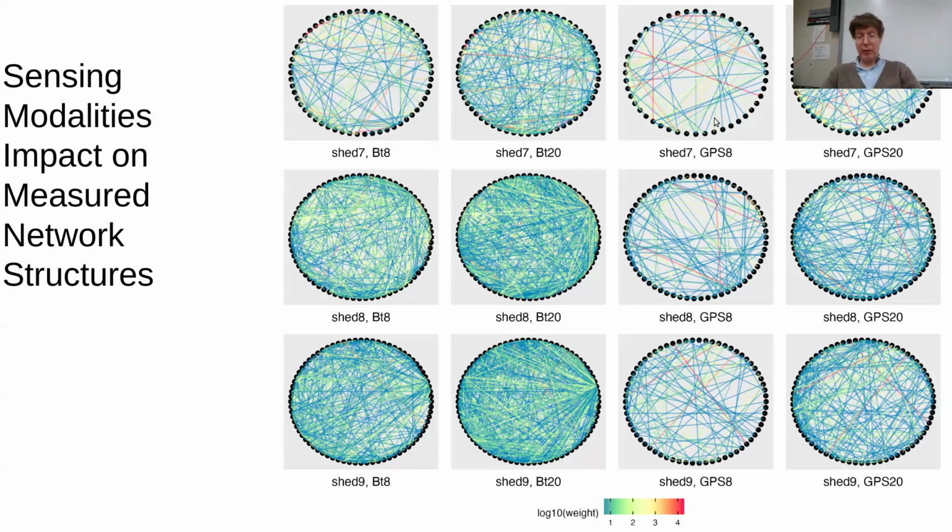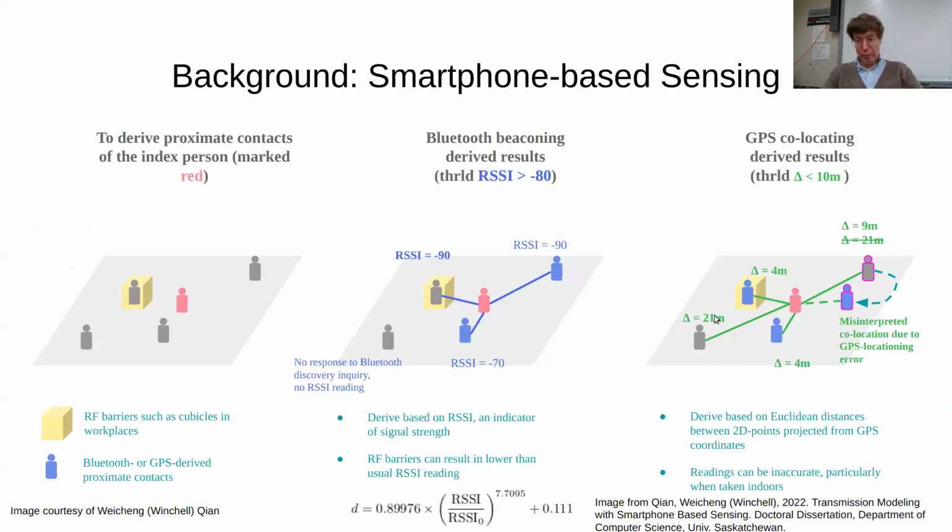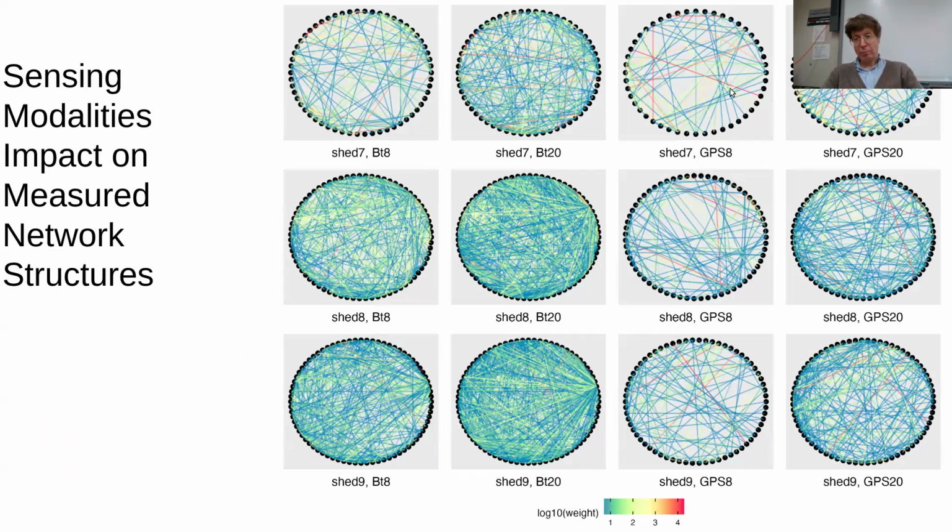Same thing with GPS, right? If we insist that people lie within a certain distance of each other, and by extension that the criteria for being proximate is more demanding, we'll have fewer imputed connections than if we have a relaxed one. Each row here represents a different study. So this is the SHED 7 study, the SHED 8 study, the SHED 9 study. These are sets of studies that we ran about 10 to 15 years ago with different participants.